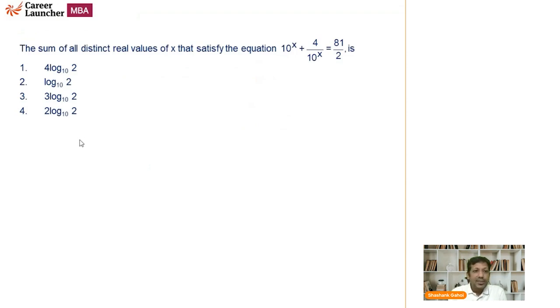Now what does it say? What is the approach we are going to take? Okay. So let's say this number is t, sum of all distinct values. Okay. So t plus 4 upon t is equal to 81 upon 2. Okay. So t square plus 4 is equal to 81 t.